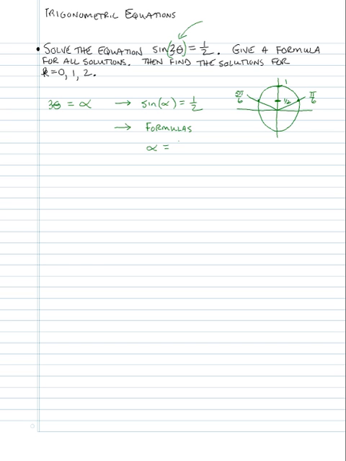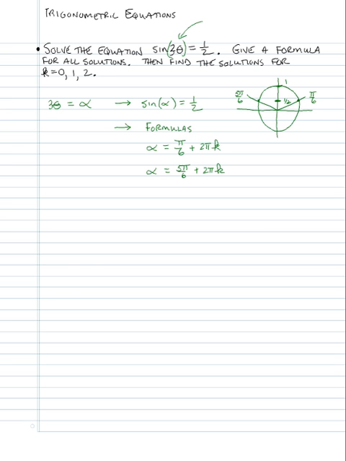Sine of pi over 6 is 1/2. So our alpha angle could be pi over 6 plus 2 pi times k, integer multiples of 2 pi added to it. Likewise, our alpha could have been 5 pi over 6 plus 2 pi k.